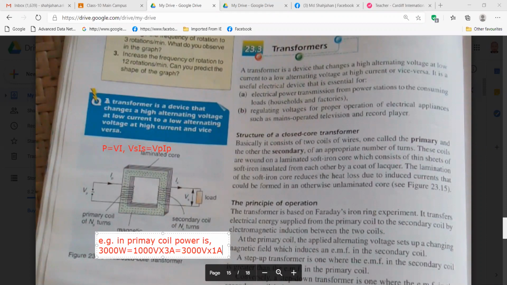This one, the definition here. A transformer is a device that changes a high alternating voltage at low current to a low alternating voltage at high current and vice versa. So take this definition of transformer and our example, does it match?